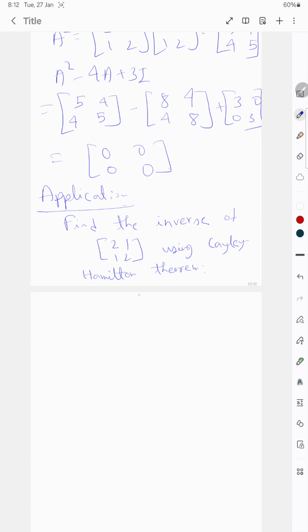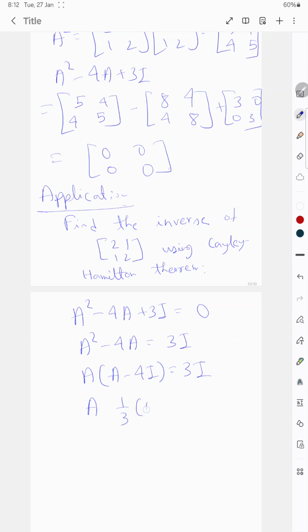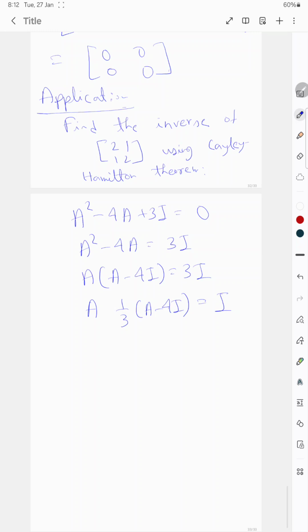So how to find it? Basically what you have obtained is A squared minus 4A plus 3I is 0, right? So from there you have A squared minus 4A is equal to minus 3I. So if you take A common, A times (A minus 4I) is minus 3I. So you can have A times minus 1 by 3 into (A minus 4I) equal to I. You know what the matrix inverse is: if you multiply A with that matrix, you will get the identity matrix.